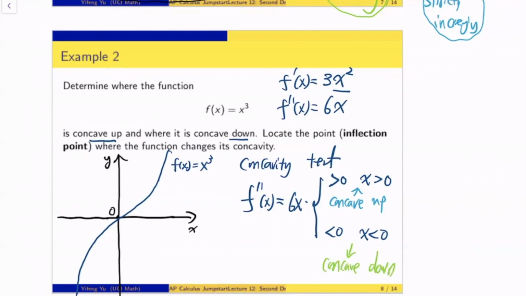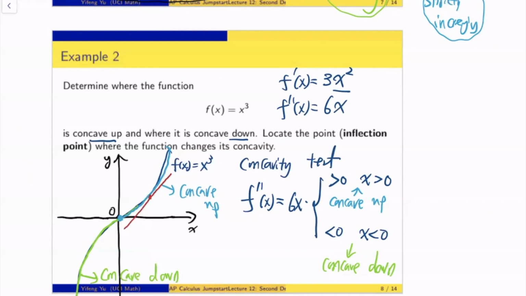You can start from 0. So this is concave up, and from here to here, this will be concave down. In other words, if I look at a tangent line here, the graph on that part is above it.